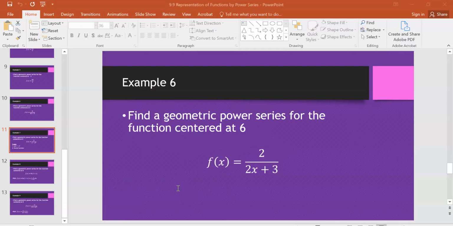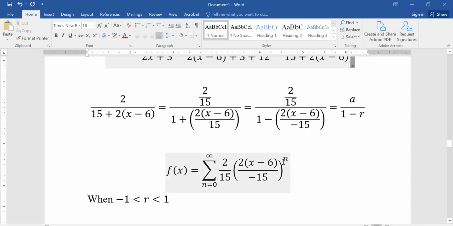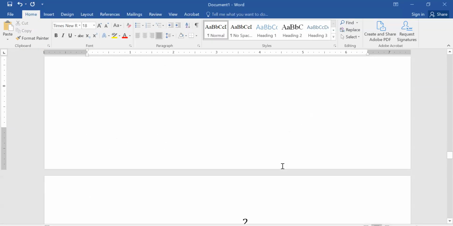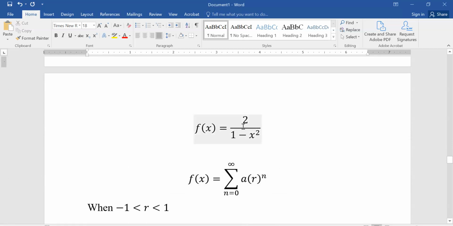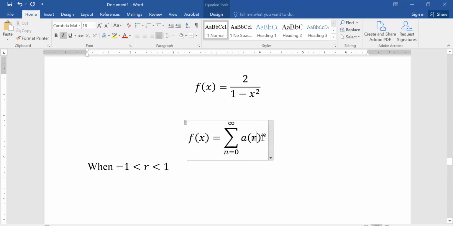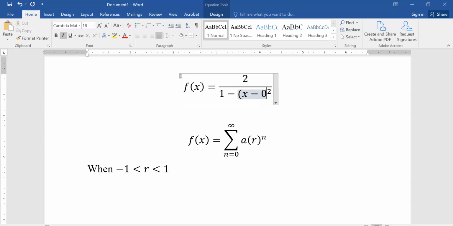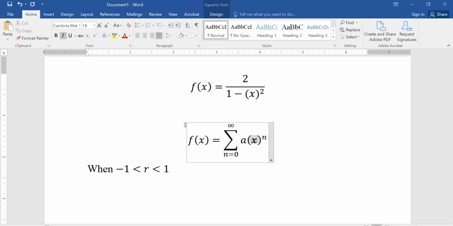Two over 1 minus x squared. Well, x squared is like, again, let me write x. It's just like x minus 0 squared, right? So we're already centered at 0. So my r is x squared.